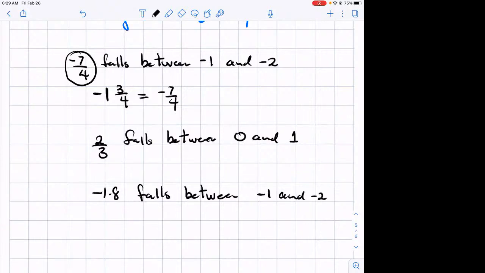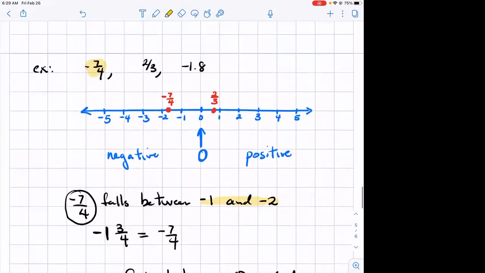And notice before we had negative 7 over 4, that also falls between negative 1 and negative 2. So negative 1.8 and negative 7/4 are very close to each other. So that happens to be right over here somewhere, second dot right over there. So this here happens to be negative 1.8. Okay?